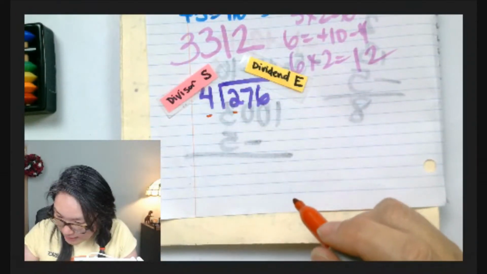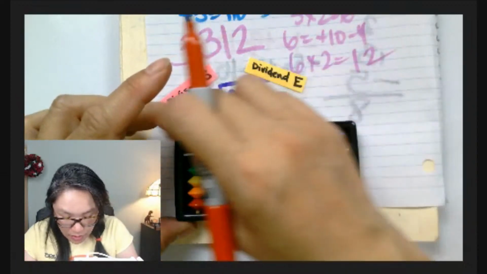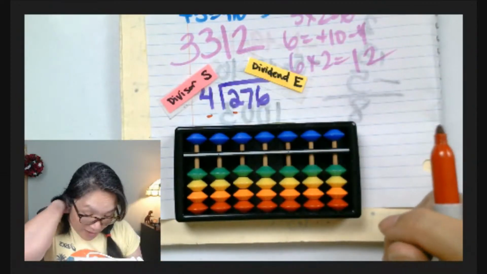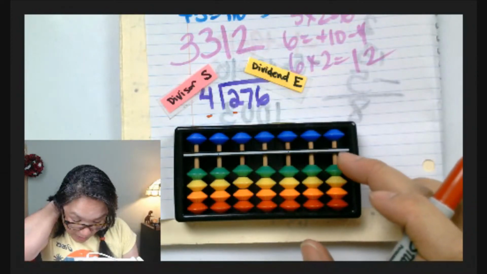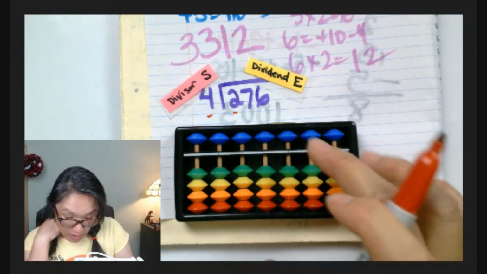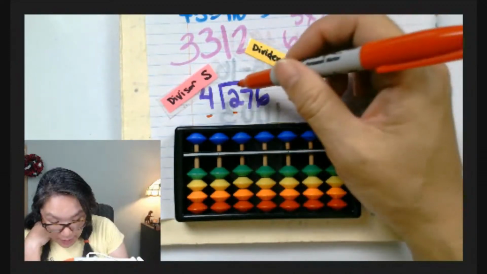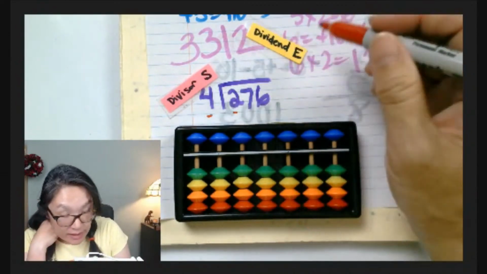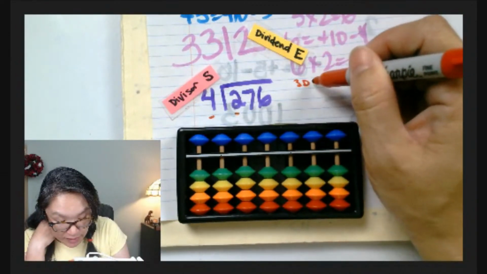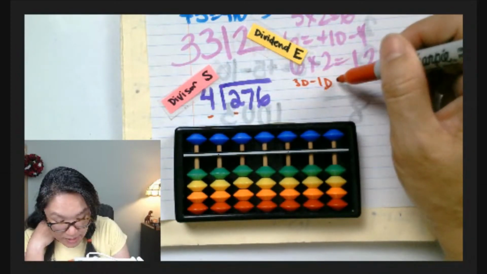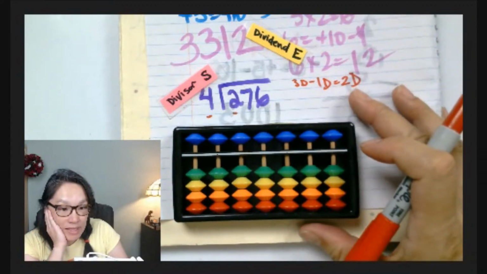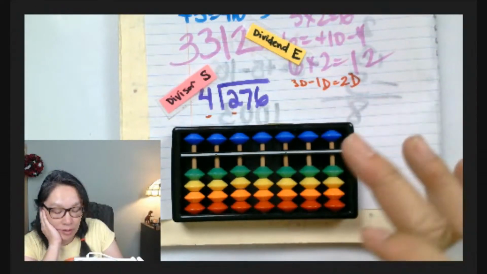Before I do that, I need to know where to put my beads for the dividend, because I need to understand how to make my answer. I have 3 digits in my dividend, take away 1 digit for the divisor, which means my starting point is at 2. Does that make sense, Neon Panther? So my starting point's at 2.